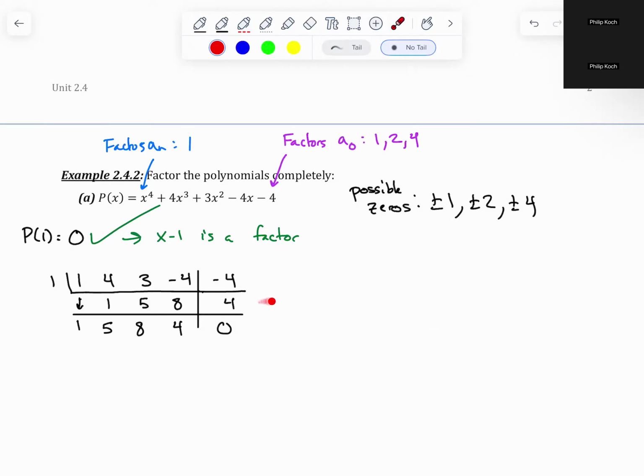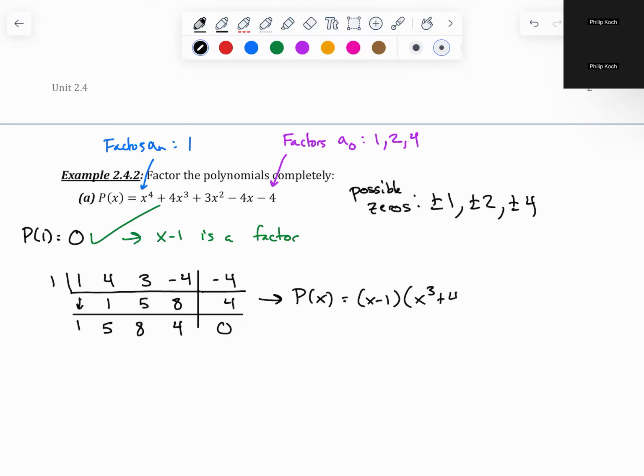So this means that p of x can be broken down as x minus 1 times, we reduced the power by 1 because we divided our degree 4 by a degree 1, leading us to a degree 3, so x cubed plus 5x squared plus 8x plus 4.